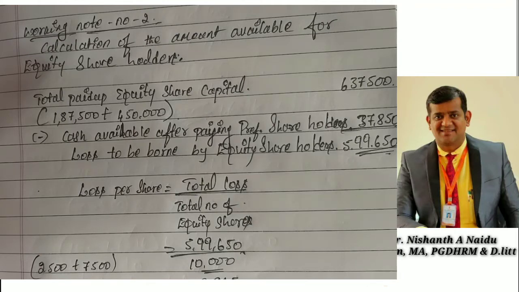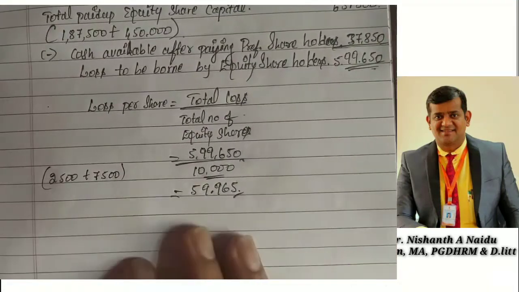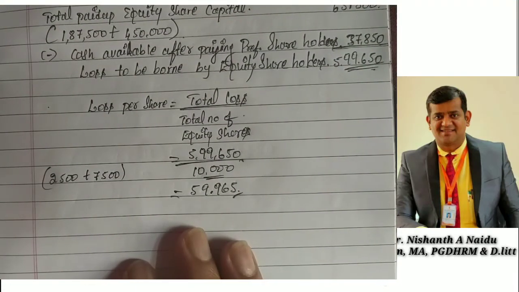So that is 5,99,650 divided by 10,000, which is 59.965. That is the loss per share. Okay, so now we have to calculate the amount to be received or paid to the equity shareholders.